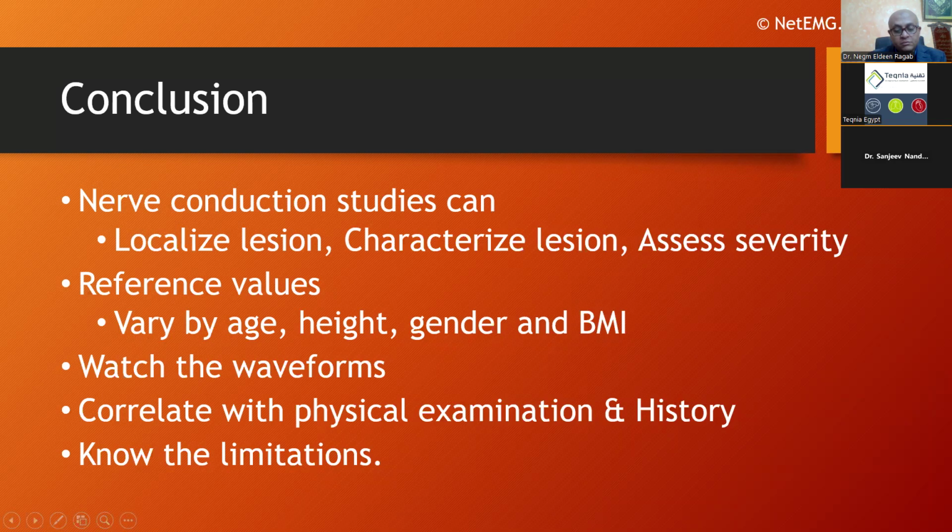So that's why we should go as proximal as we can. It is not always possible, but it's an inherent limitation of nerve conduction. We can only comment on something distal to the most proximal segment. So a normal conduction study doesn't rule out pathology. All we can say is that it is proximal to where I studied and I cannot localize it.